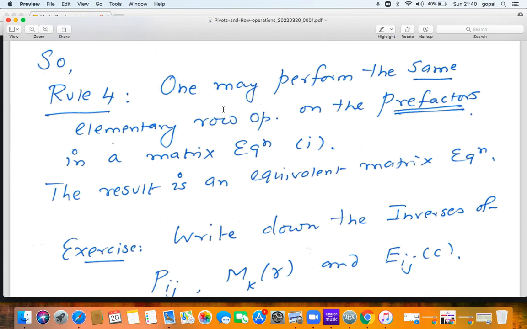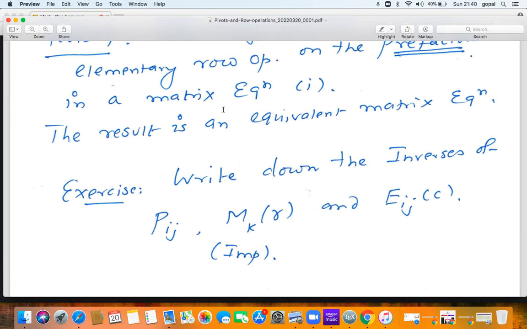Write down a simple exercise: write down the inverse of the matrix. Remember, Pij, M k gamma and E ij c are all square matrices of size m cross m. When is a square matrix A said to be invertible? A square matrix A is said to be invertible if there exists another square matrix B of the same size such that AB equal to I and BA equal to I. Then you say that the square matrix is invertible.